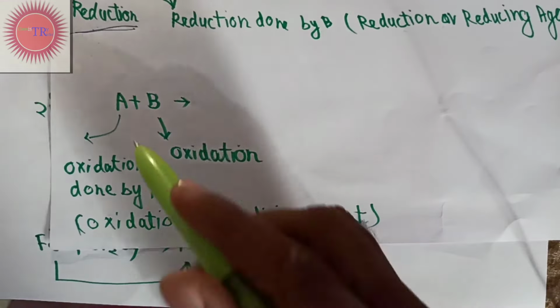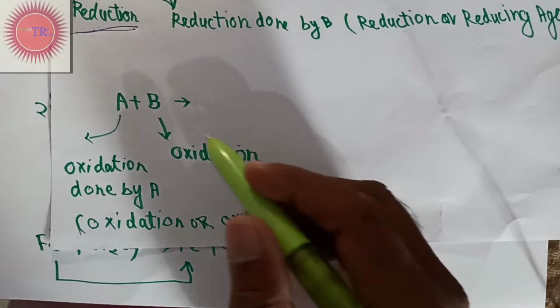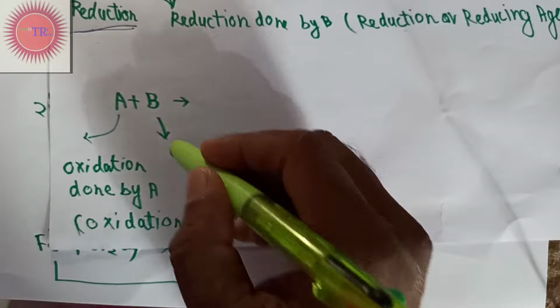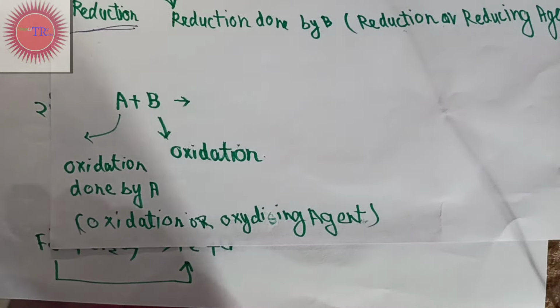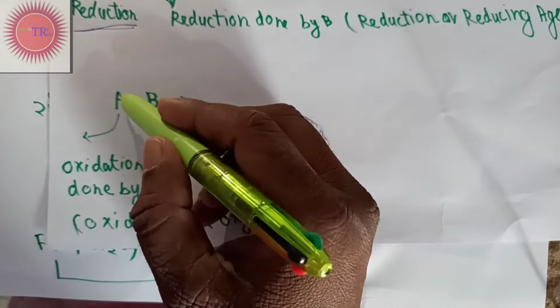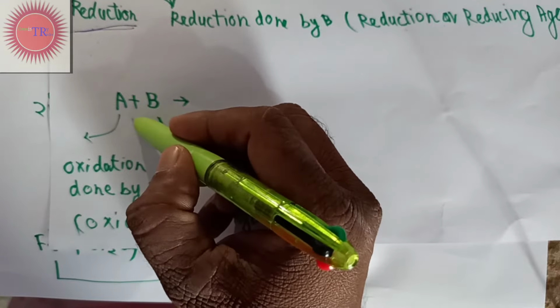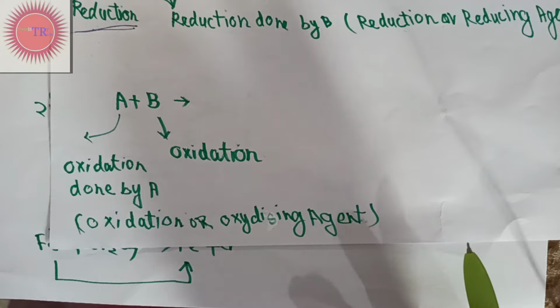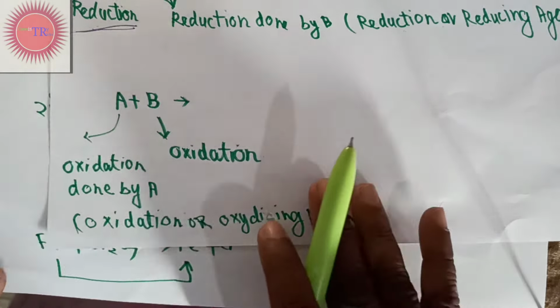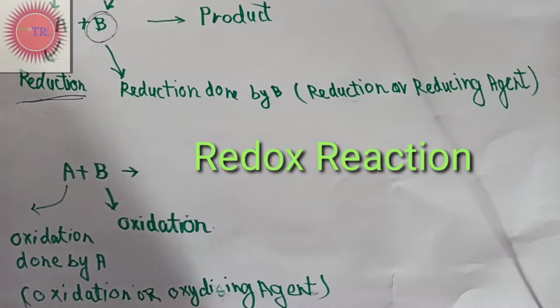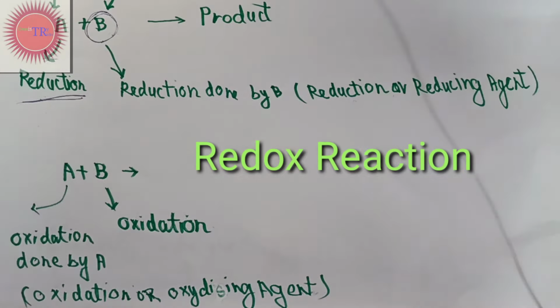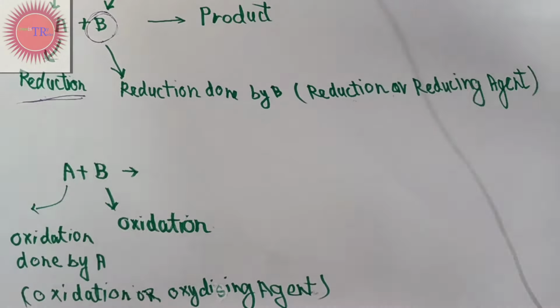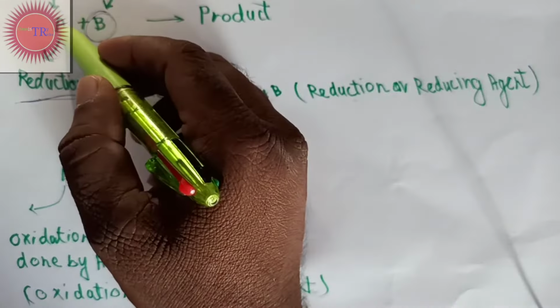And suppose A and B make product and B is oxidized. So who oxidizes it? It is oxidized by A. So A is the oxidation agent or oxidizing agent. That is why these reactions are known as redox reactions, because one element is reduced and the other is oxidized. One is reduced by the other and the other is oxidized by the first. Okay?